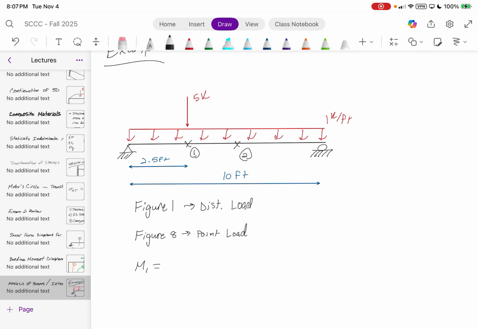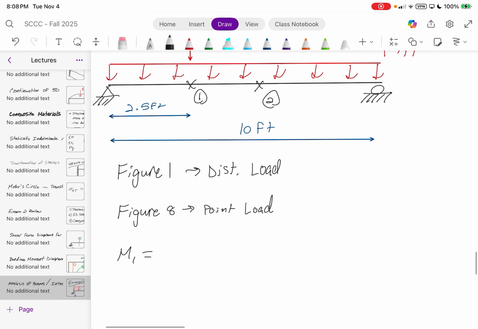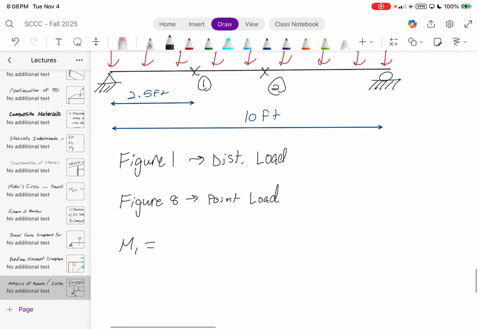Remember, in previous lectures, I showed you how to derive those bending moment equations. These are just the equations given to you straight up for each load independently. So, for the distributed load, we can just use Wx divided by 2 times L minus x.